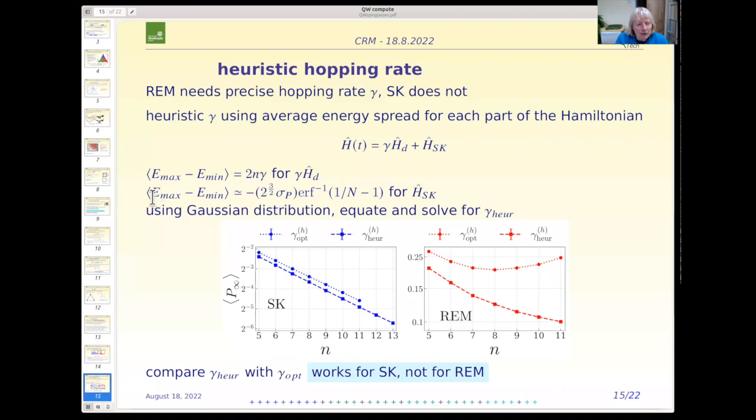For the same thing, averaging the energy spread for the spin glasses, we're going to approximate it by using a Gaussian distribution. So it's not exactly a Gaussian distribution. For the random energy model it is, and this will give us exactly what the average energy spread is. But for the spin glasses, the tails are not Gaussian, and that's important.